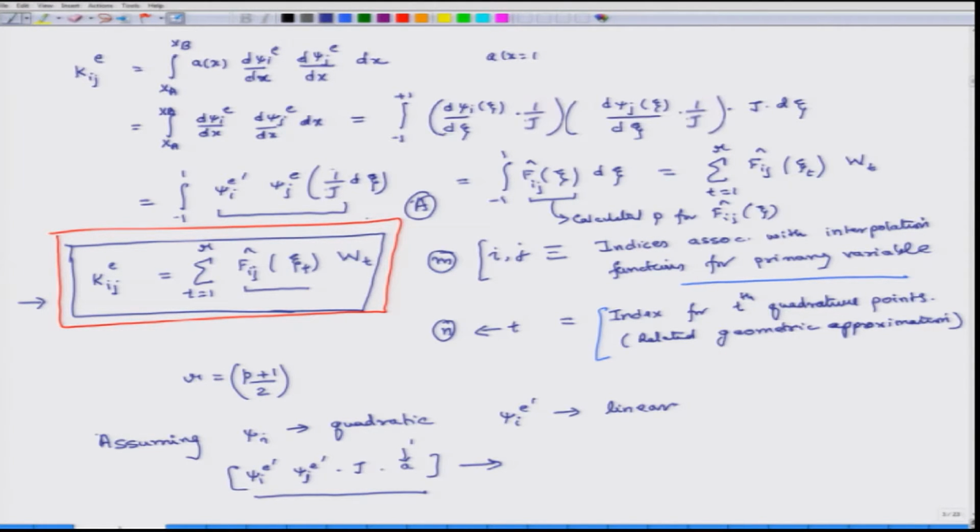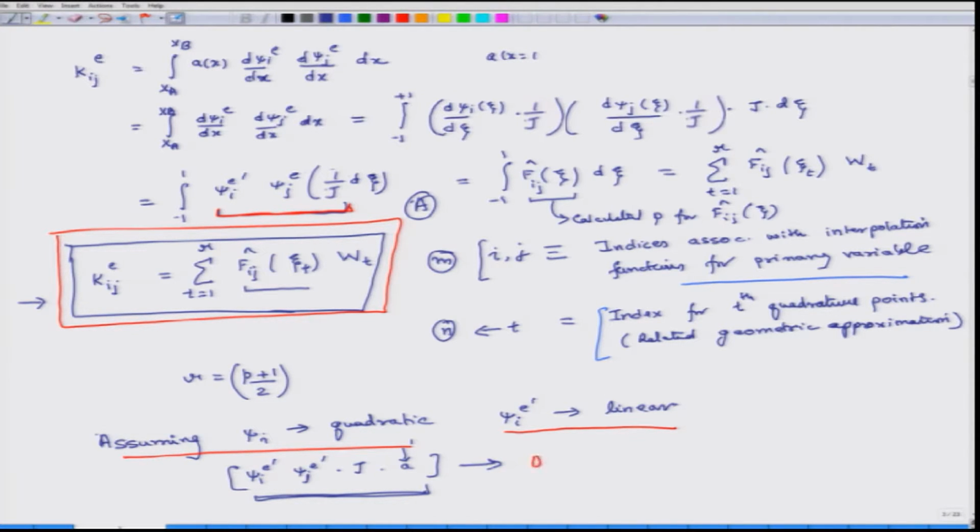For this equation, this entire integrand, what is the order of this? If psi I is quadratic, then psi I prime is linear. This is the entire integrand, this is my Fij zeta, right. What is the order of this?